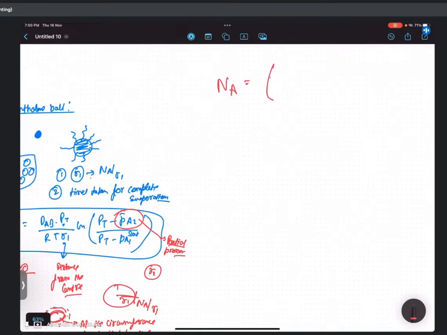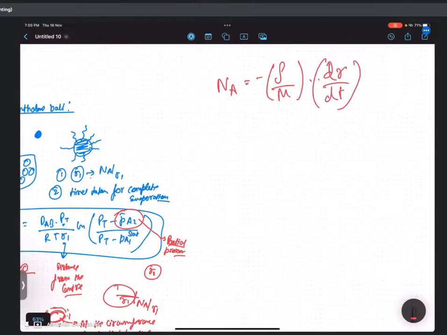It is Na equals minus rho by m into dr by dt. We get this formula by a simple unit balance. Flux is in mole per meter square second. Density is in kg per meter cube, with kilomole units.